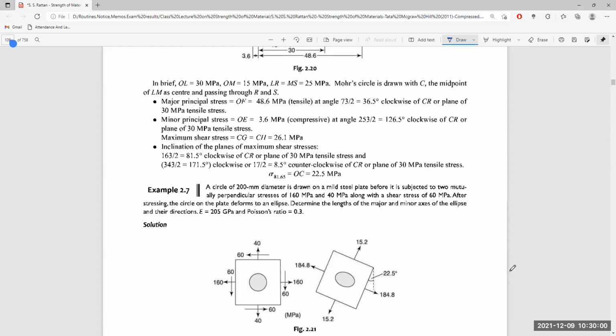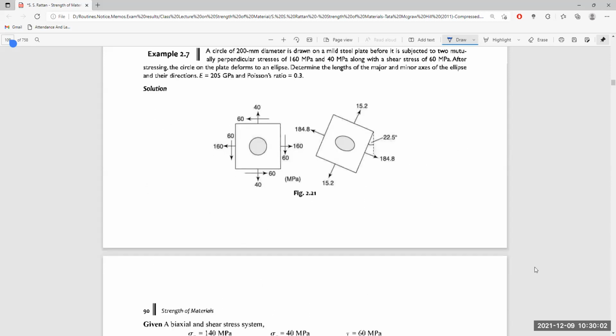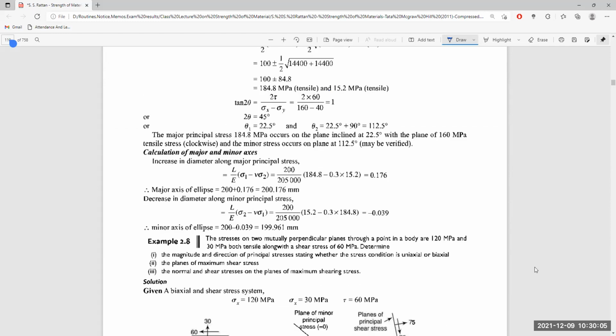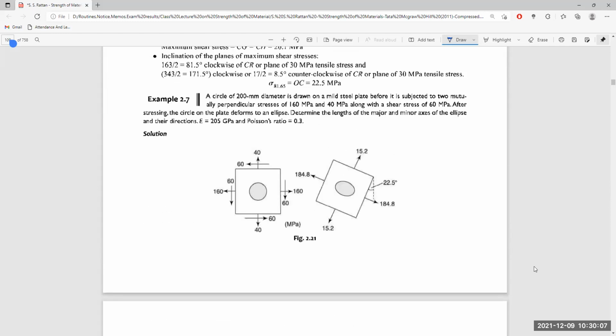Then problem 2.7. A circle of 200 millimeter diameter is drawn on a mild steel plate before it is subjected to mutually perpendicular stresses of 160 and 40, both tensile respectively, along with a shear stress of 60.